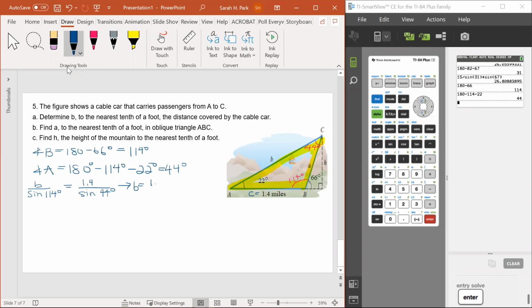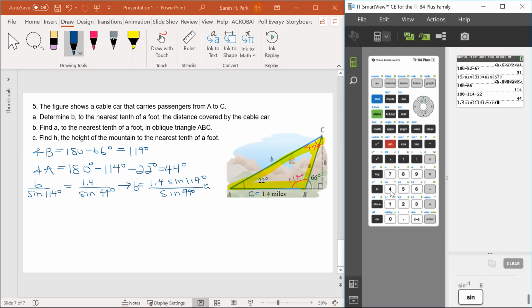So 1.4 times sine of 114 degrees, all divided by sine of 44 degrees. And that'll give us side B. So we have 1.4 times sine of 114, and we divide that by sine of 44.